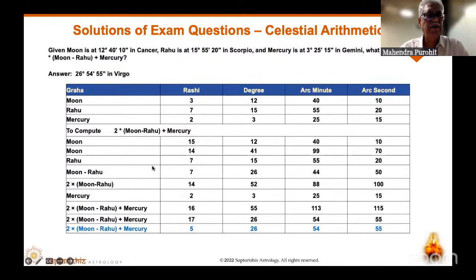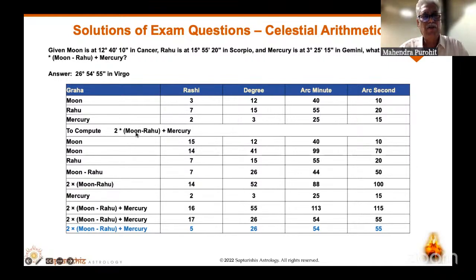So this is this, and this is another example where Moon, Rahu, Mercury is given and you have to multiply this 2 with this thing then plus Mercury. So here you can see that first the operation, the arithmetical operators, they work like this. First you find out Moon, minus Rahu and then multiply by 2 this thing. Then plus Mercury like this.